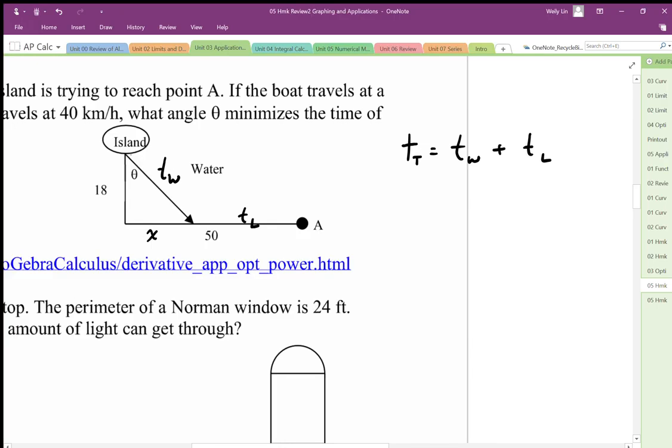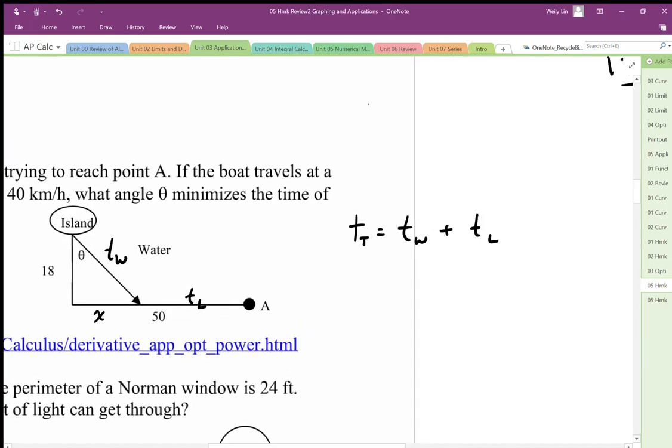And I'm going to say that the time on the water is going to be the distance on the water divided by the speed. We know that time is equal to distance divided by speed or velocity. That should give me my time.